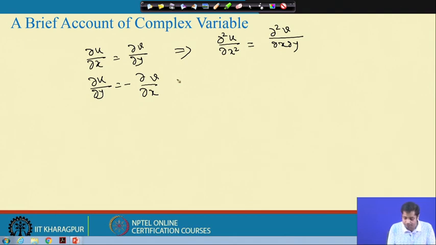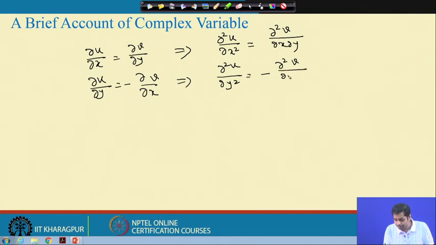Similarly, if you differentiate the second equation with respect to y, we have del 2 u del y2 equal to minus del 2 v del x del y.